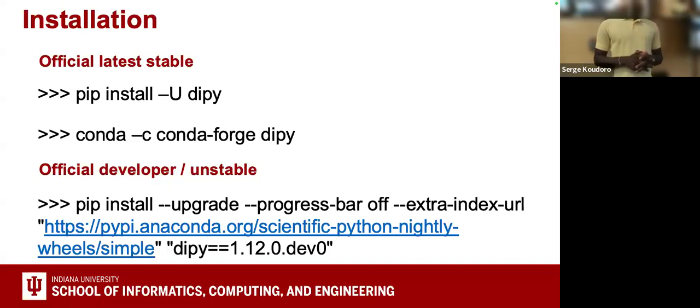If you are courageous or adventurous, I would say, you can also install the developer version. This is very unstable. It is updated two or three times per week. For sure, you have all the latest algorithms.